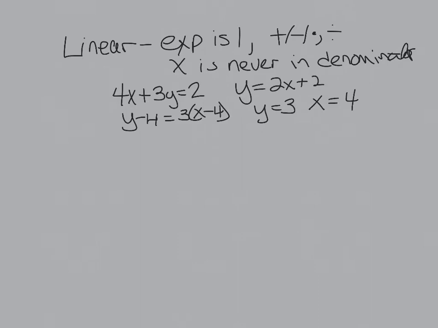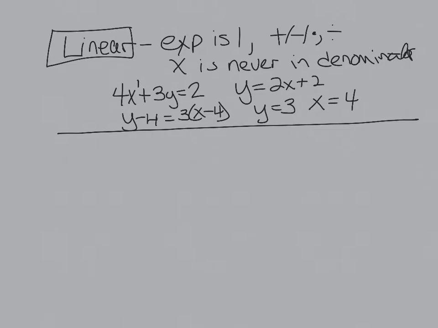Okay, so these are all linear. They all form straight lines. So if you see any equation with no visible exponents, these are all invisible ones, right? So no exponents greater than 1, and the x is not in the denominator, then you're going to be linear. All right, now linear is a straight line, so we have no minimum or maximum, do we? So those are going to be the easy ones.